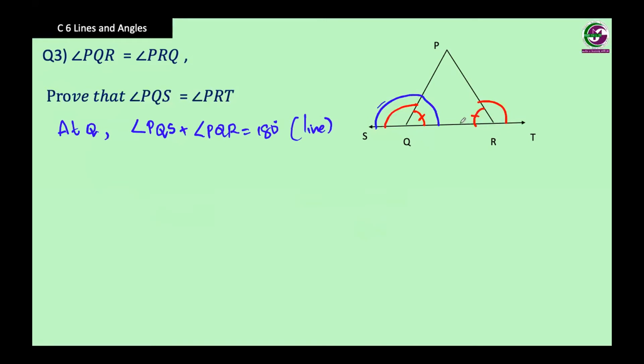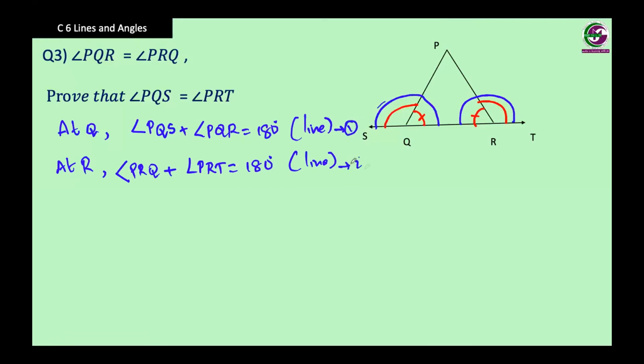Also at R, angle PRQ plus angle PRT is equal to 180 degree, because that is also forming a line. Now let us name this as equation 1 and this is equation 2.